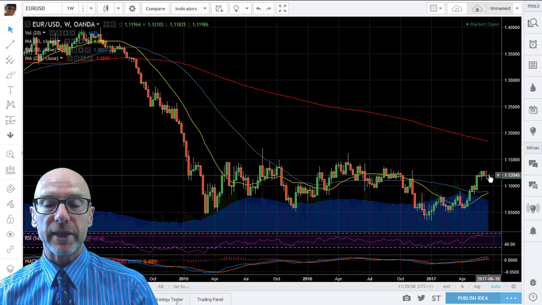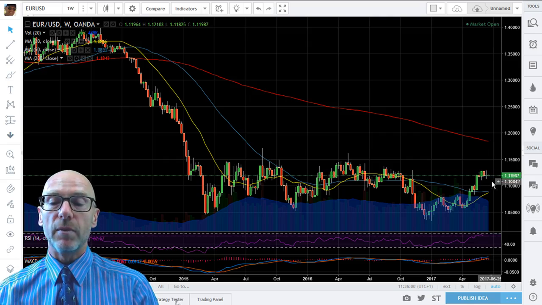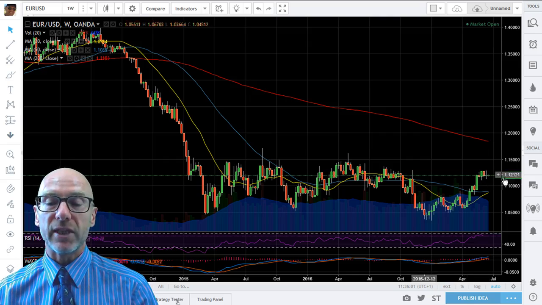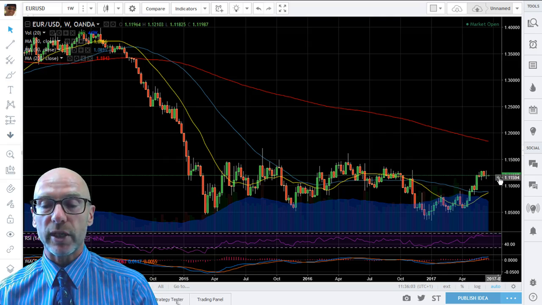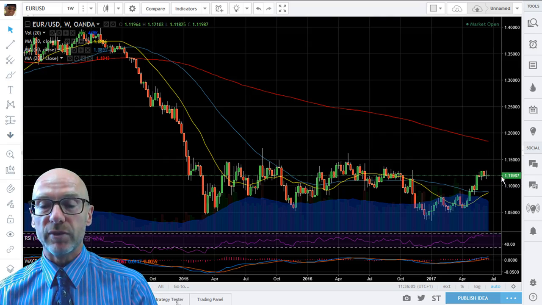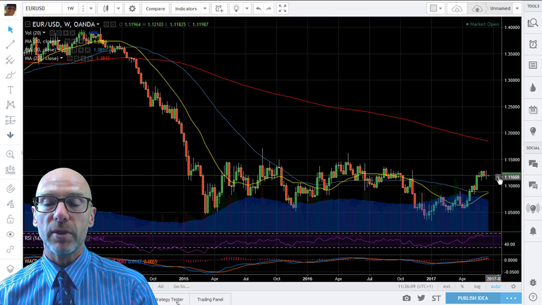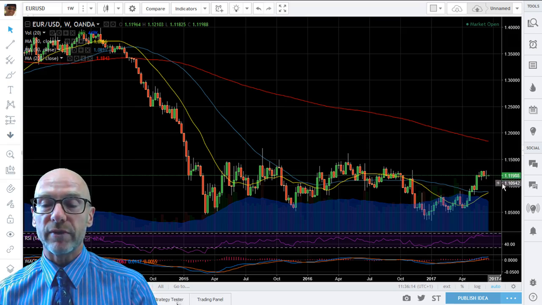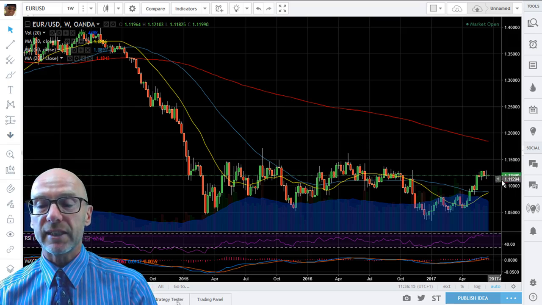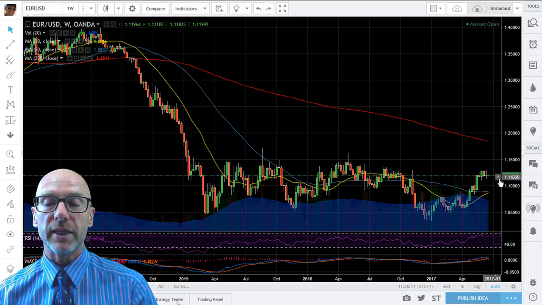This could just be a flag as we hit the resistance, and we'll just get sideways drift. Let the shorter term moving averages, the 20 and the 50 week, catch up, and then that could give the push through. But we're likely to drift, and on this weekly, as I said on the daily, 111 would be a sensible level for it to pull back to.